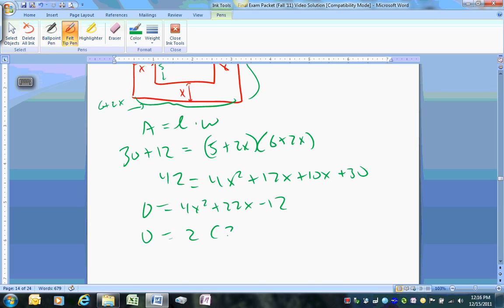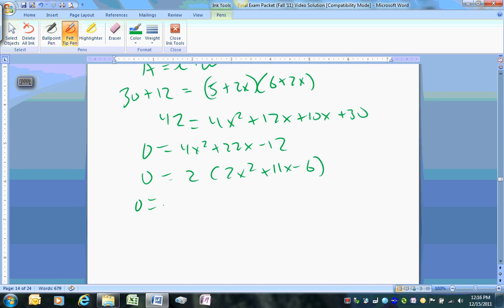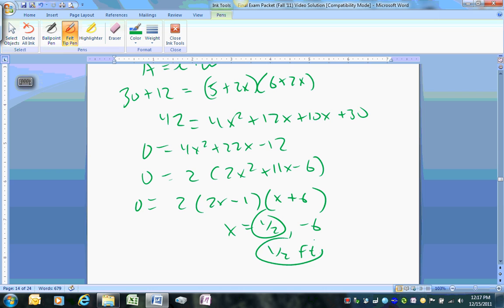Factor. 2x minus 1, plus 6. See, x goes half or negative 6. So the answer is half a foot, because you can't have a negative dimension.